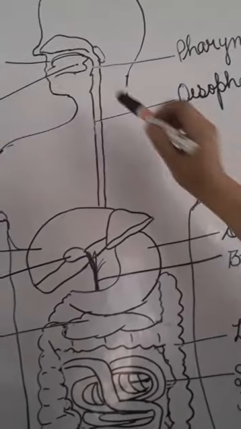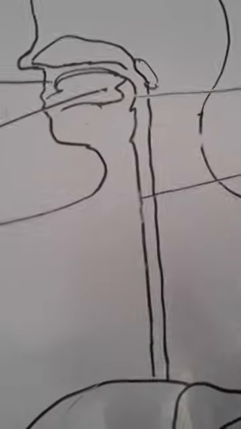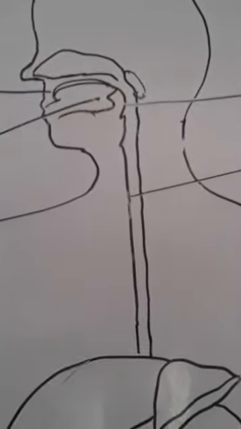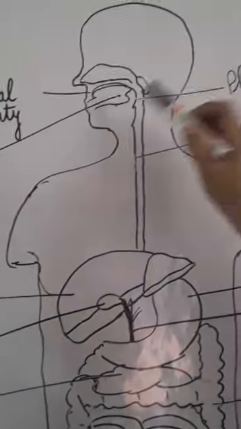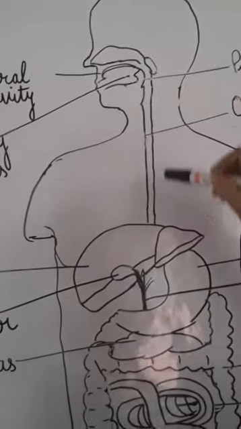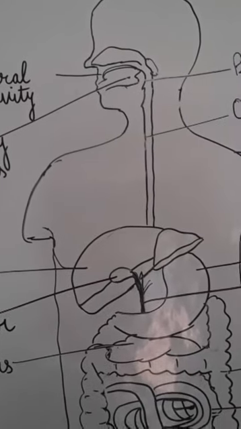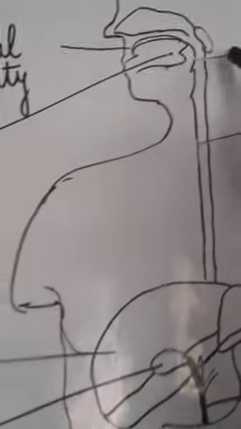After the oral cavity, it opens into the pharynx, a funnel-shaped structure, and till the pharynx there is a common passage of food and air.